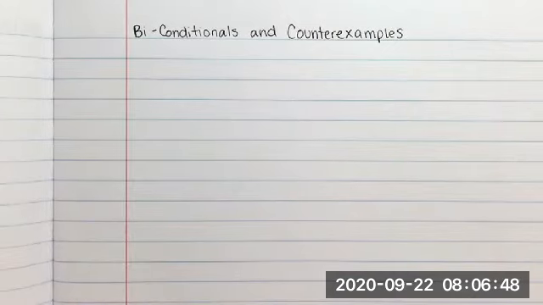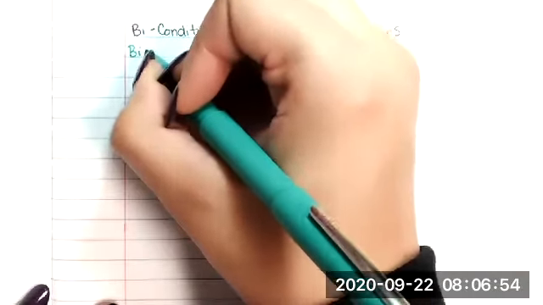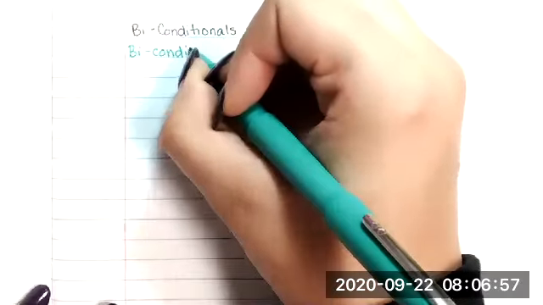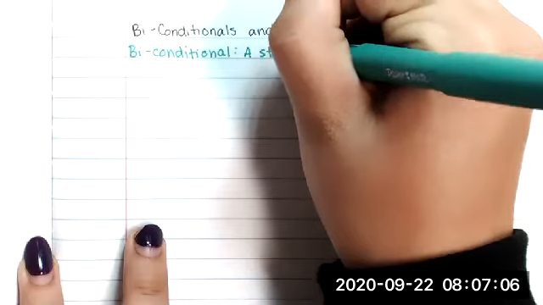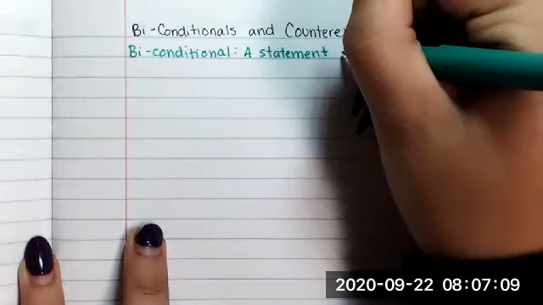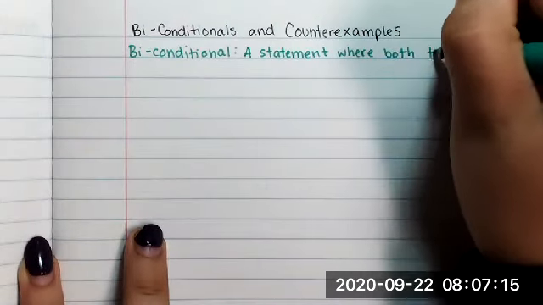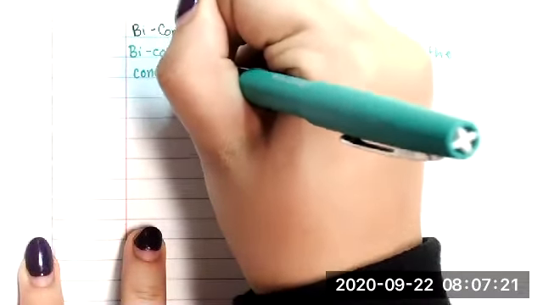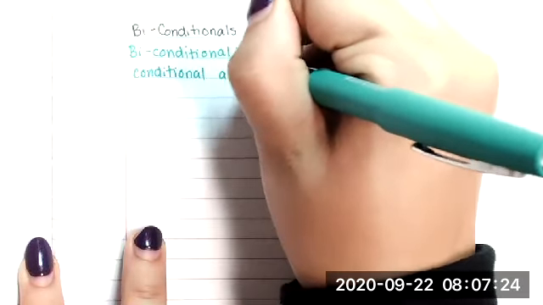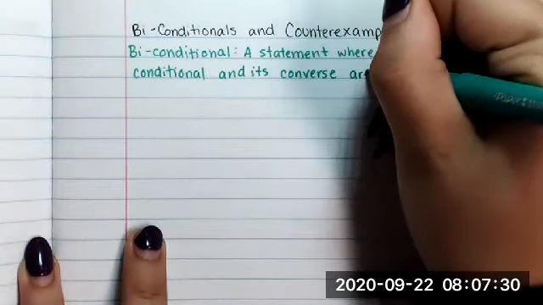So to start off, let's define our new terms. We have a biconditional, which is a statement where both the conditional and its converse are true.